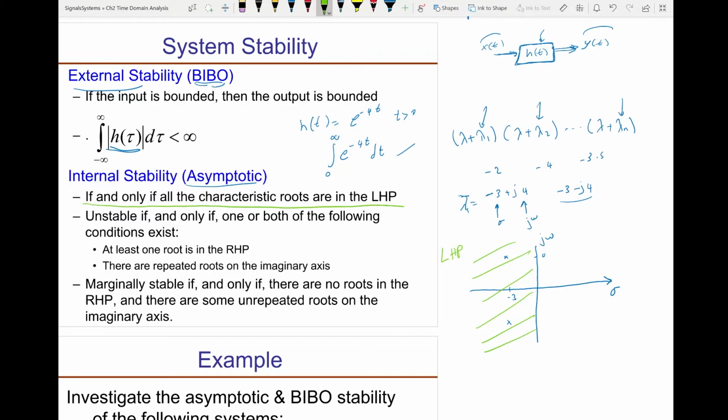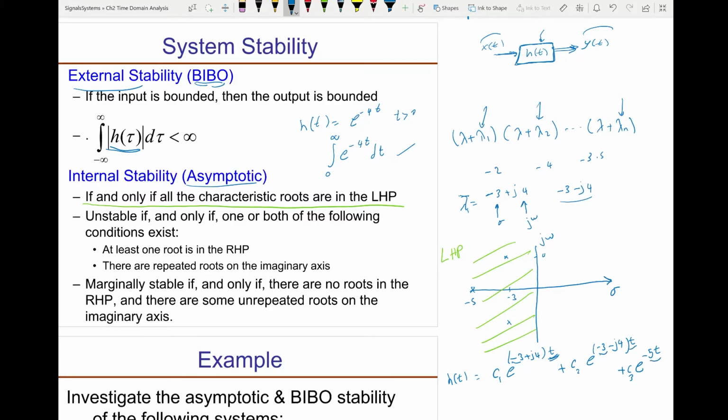Because if I find the characteristic modes, it will be like C1 e to the lambda 1 t, so that would be -3 plus j4 t, plus C2 e to the -3 minus j4 t. Or if I have another characteristic root here, let's say -5, then I will have another characteristic mode, e minus 5t. See, now as t goes to infinity, e minus 3t will eventually go to 0. Same thing here, same thing here.